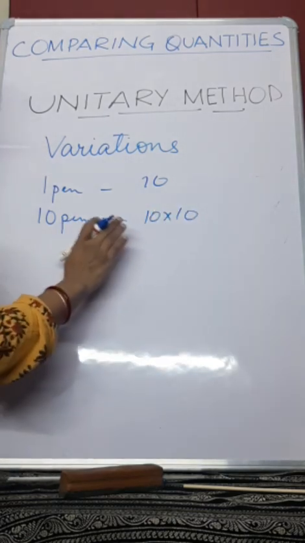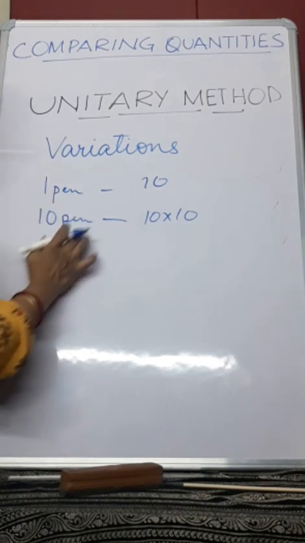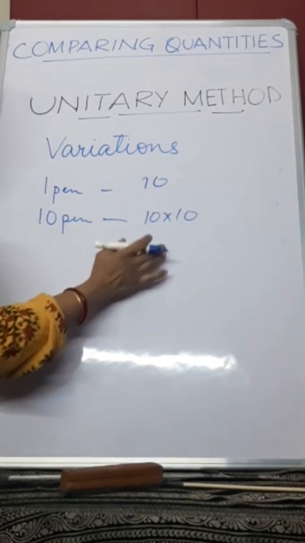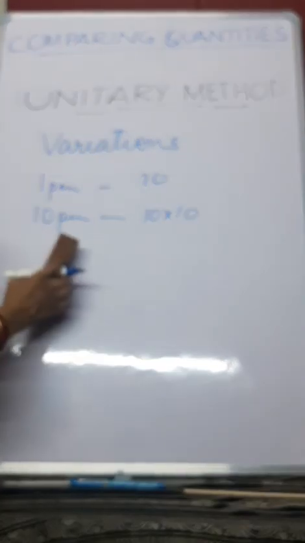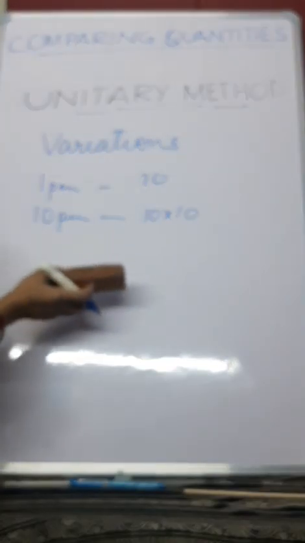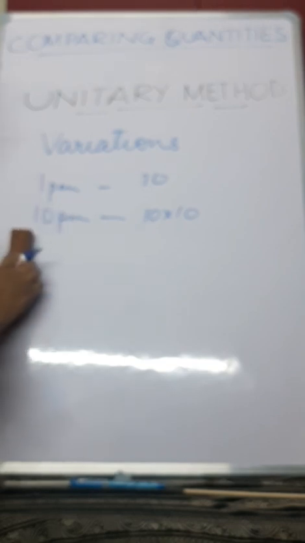This is known as direct variation. In direct variation, with the number of items, the answer is also increasing. It means more items, more is the cost. More people working, more work done.